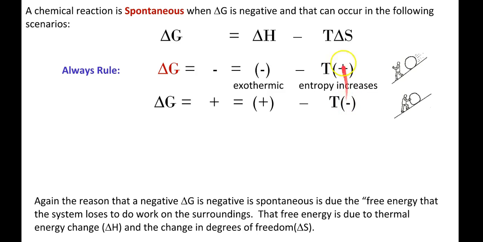And our entropy of our system, meaning maybe two things are coming together, or a gas is becoming a solid, molecularly speaking. This is bad. Why? Because if you have a plus minus a negative, this becomes plus plus, and a positive mathematically always gives a positive, and that's the never rule.